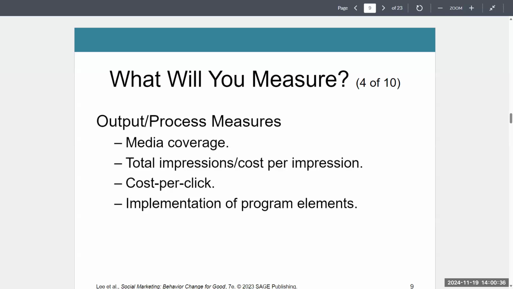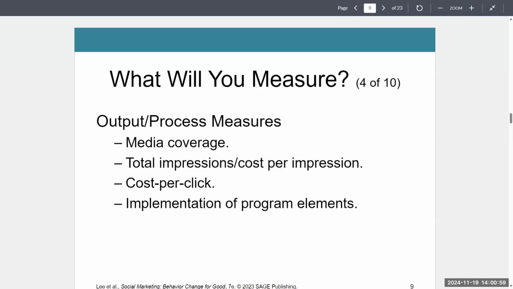So for example, let's say you posted a campaign and there were 100,000 impressions for that campaign, and each of them costs 5 cents, then you are comparing whether that impression was worth it for you or not.